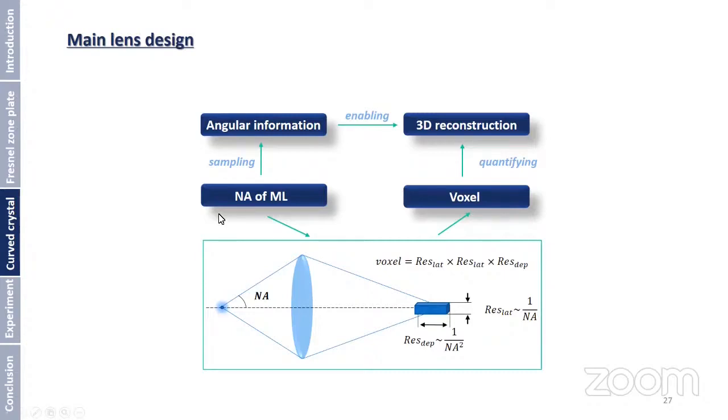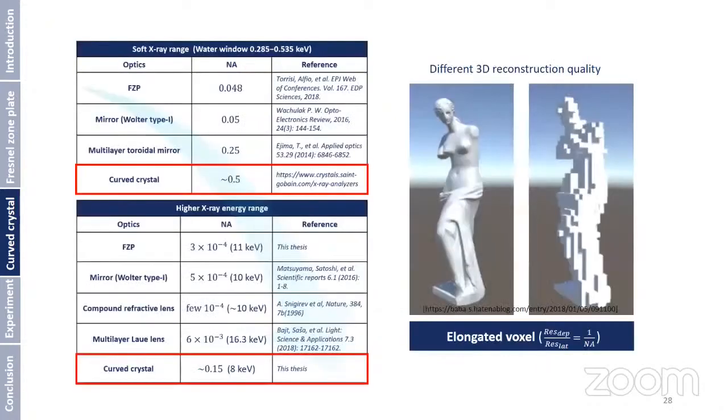The lateral and the longitudinal size of the voxel are inversely proportional to the numerical aperture and the numerical aperture squared of the main lens, respectively. However, X-ray optics usually have a small numerical aperture, and their numerical aperture reduces with increasing X-ray energy.